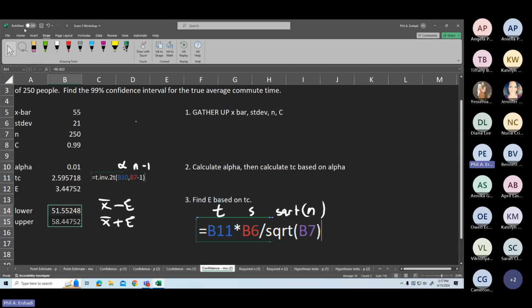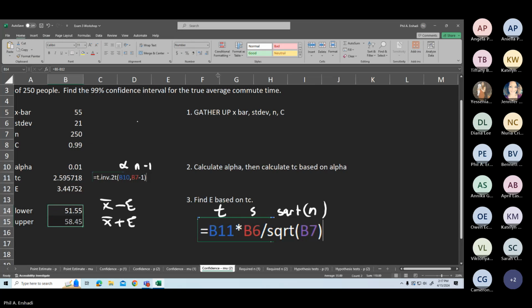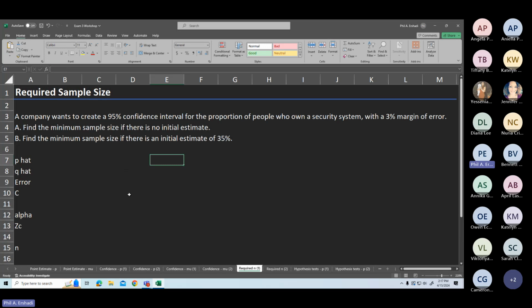And there we go. And you can reduce the number of decimal places to whatever you feel is appropriate. All right. Now here's the third variation on confidence intervals. So we're going to run this process twice.